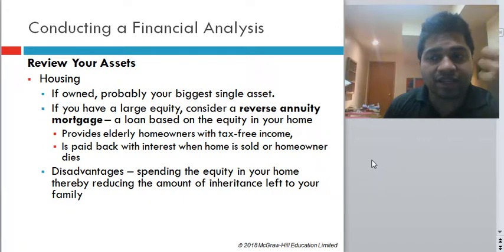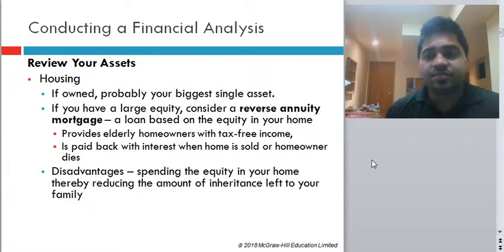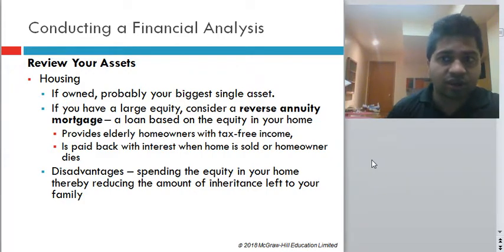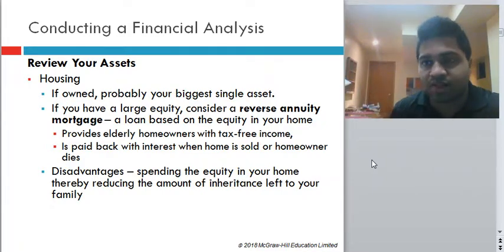The amount the bank extends to you, maybe monthly, maybe in a lump sum, is recovered from your inheritance. You can of course pay it back, but if you don't, that is still okay. Also, when you take a reverse mortgage, you don't have to leave your house. You can still stay in it, occupy it, and use it.